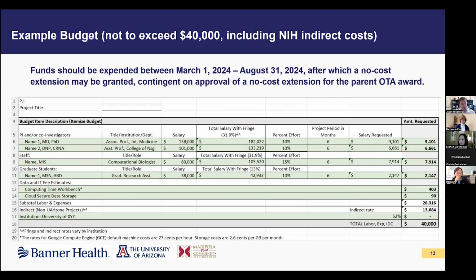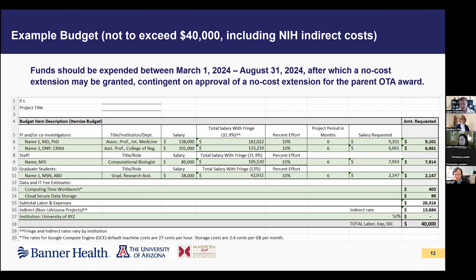Here's an example budget. Again, this is very simple. This is salaries and fringe, efforts over this 6-month period, and then computing time for the workbench as well as cloud storage, and then an indirect rate.